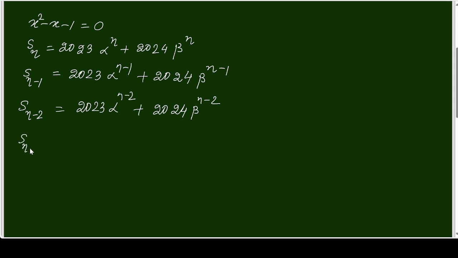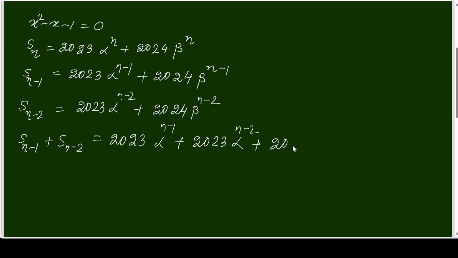So S of n minus 1 plus S of n minus 2 equals to 2023 alpha to the power n minus 1 plus 2023 alpha to the power n minus 2 plus 2024 beta to the power n minus 1 plus 2024 beta to the power n minus 2.